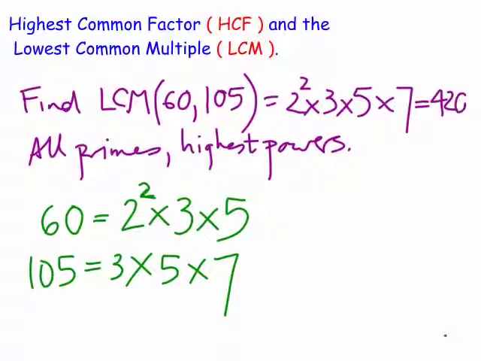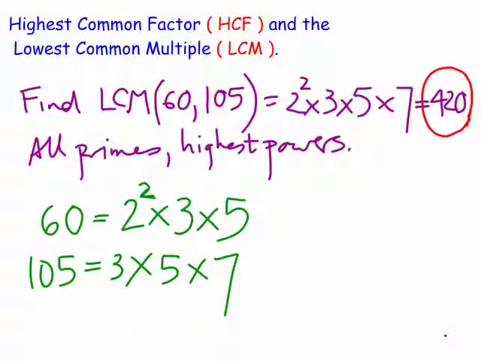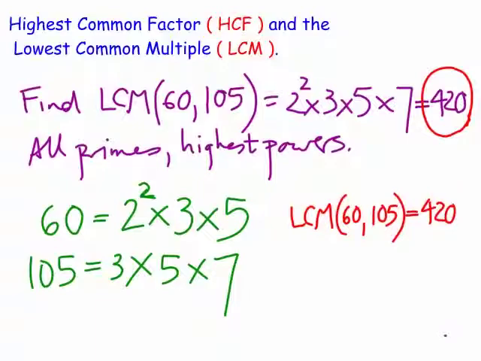So that 420 would be in fact what's called the lowest common multiple of both the numbers 60 and 105. So 420 is called the LCM, and some people write it like this: LCM of 60 and 105 is equal to 420.